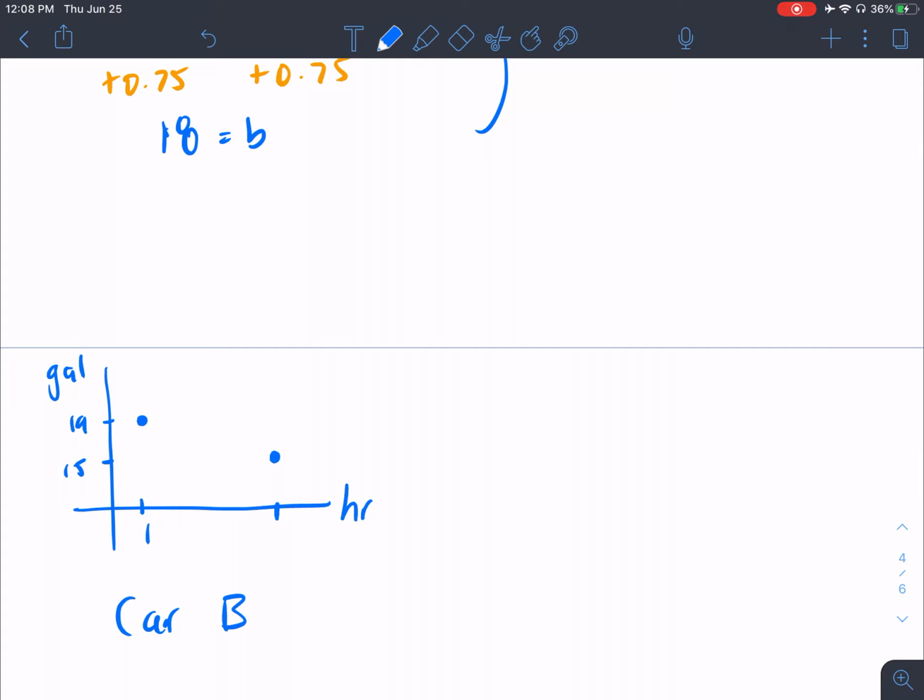Let's just pretend. So again, if I connect this here, notice that it's also showing me that the line's going down. So my slope is going to be negative, which makes sense because the amount of gas is decreasing per time. We want to see how many gallons of gas we had at time 0, so it's going to be somewhere above 19.